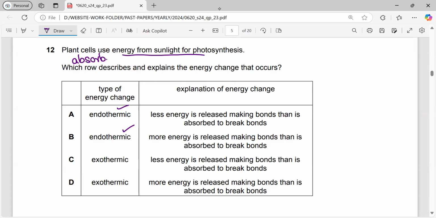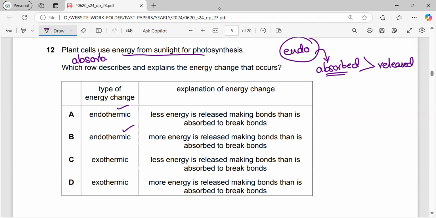Now, the explanation: for endothermic, less energy is released in making the bonds than absorbed in breaking the bonds, or more energy is released in making the bonds than absorbed to break the bonds. As it is an endothermic reaction, overall the energy is absorbed, so obviously the energy absorbed will be more than the energy released.